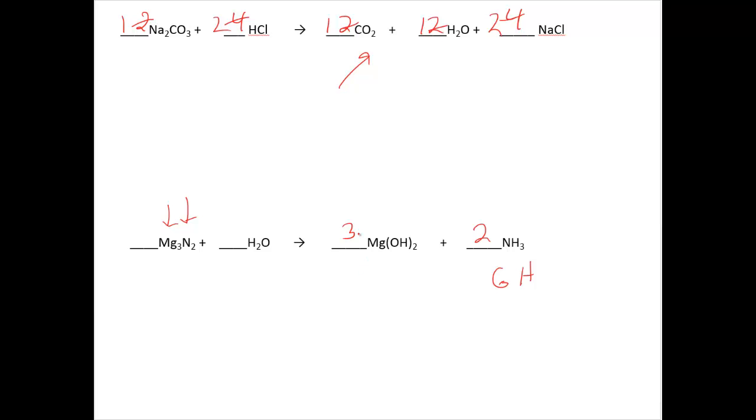And over here, there are 2 times 3, that's 6 hydrogens there. That's a total of 12 hydrogens on the right side. So if I put a 6 here, that would give me 12 hydrogens. But that generates 6 oxygens. But I notice 3 times 2 is going to give me 6 oxygens. So then my equation would be balanced with the following coefficients.